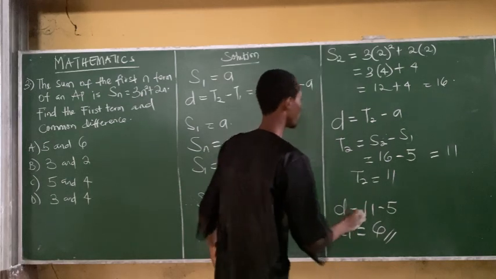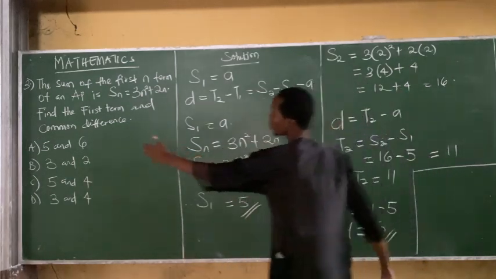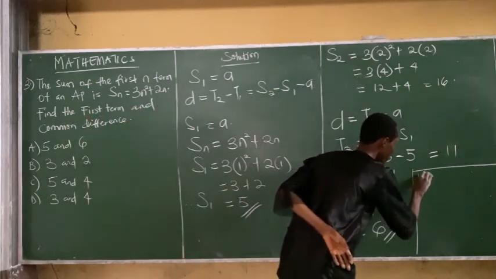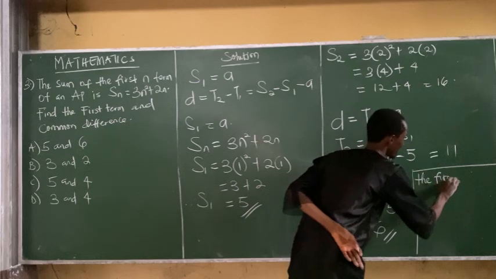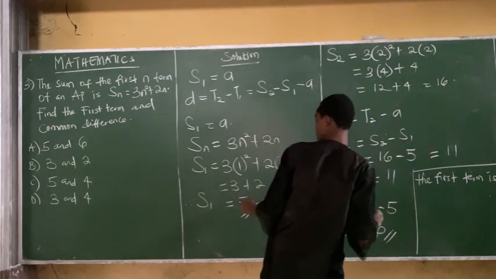Where do I put it down? Don't forget, from the question, they say find the first term and the common difference. So the first term is A, which is 5.